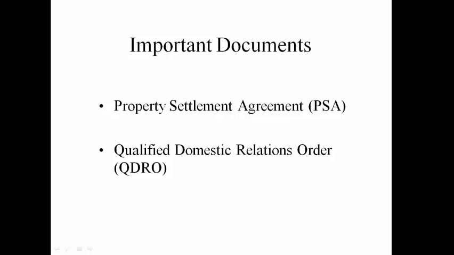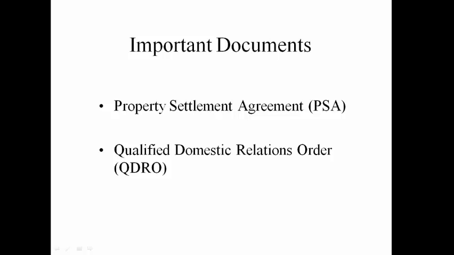And that will include retirement plans, it will include the home, the jewelry, it will include everything that is owned by the couple in the marital estate. And we'll talk about how PSAs should be drafted for qualified plans a little later in this presentation.